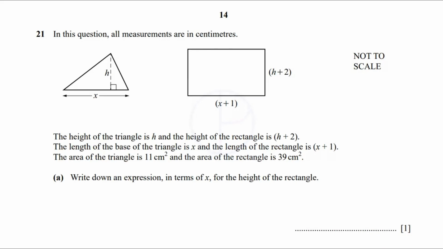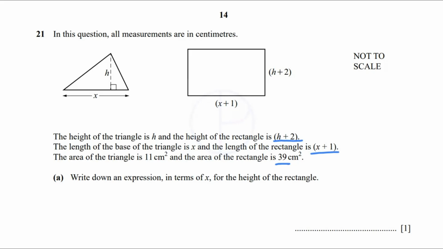Write down an expression in terms of x for the height of the rectangle. So the height of the rectangle is h plus 2. For a rectangle, the length and the height are given and the area of the rectangle is 39.